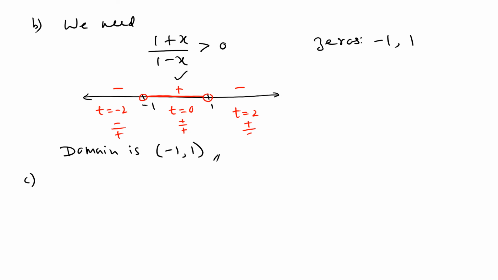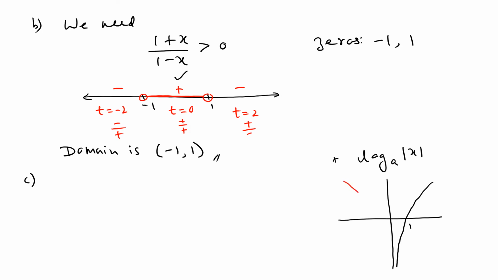So what's really happening here? When you have log of absolute x, we can consider both positive and negative values. With just positive x, everything on the positive side passes through 1, but with the absolute value you can consider both sides, and this is -1. The only thing you do not have is the value 0.